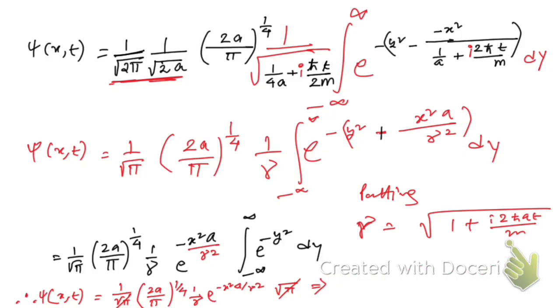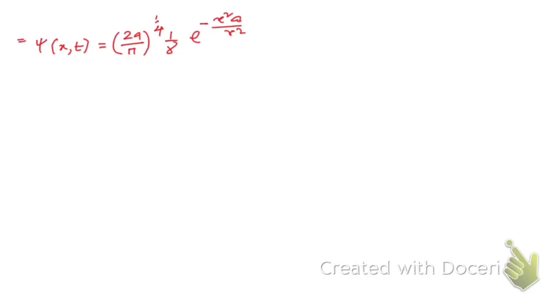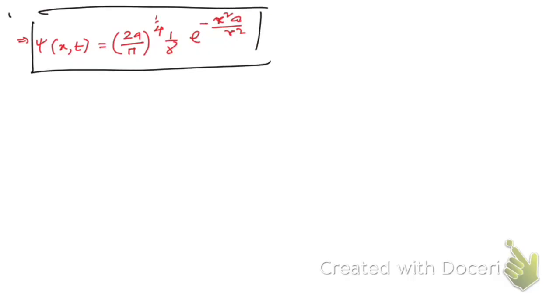Okay, so this is the result we have got. So this is what we need to find. So we have got this is the result of question number 2, right? Now we need to find probability density, number 3.